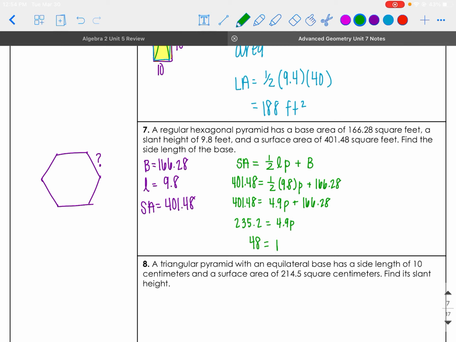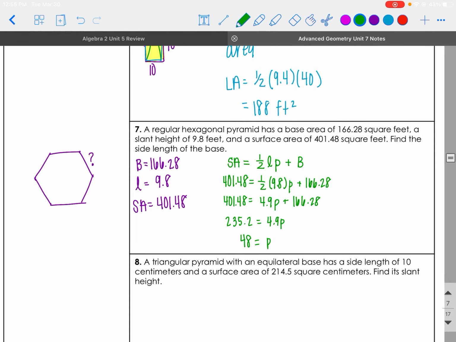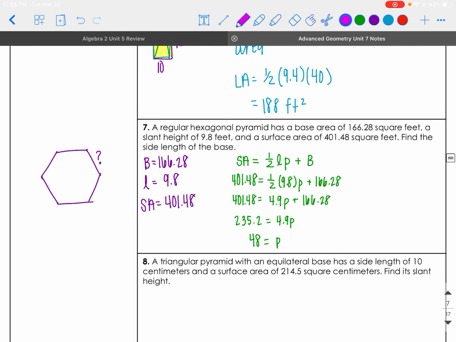So we get that 48 is the perimeter of the base. So all of the sides together add up to 48. And so since it's 6 sides, I take 48 divided by 6, and we get that the side length is 8.